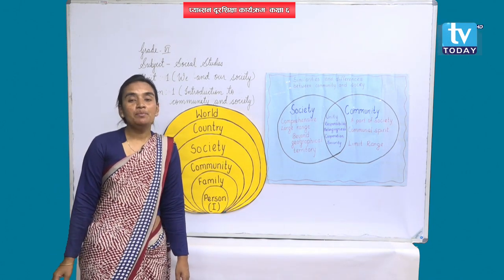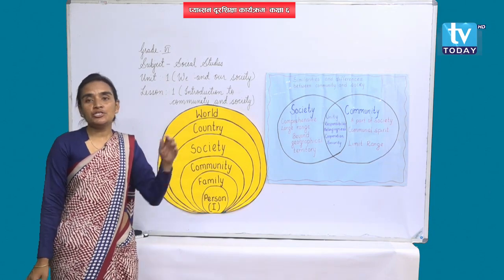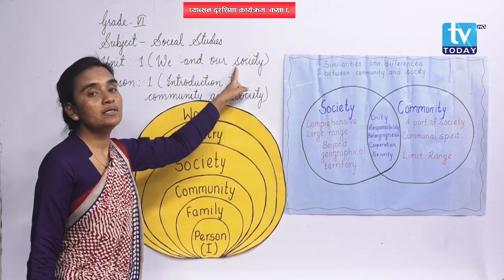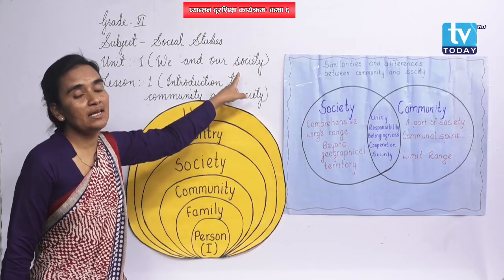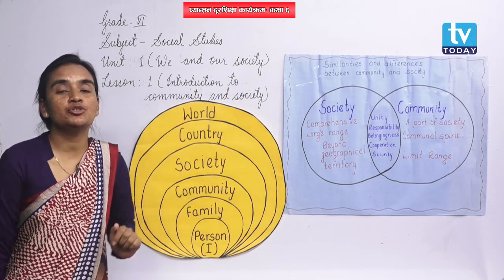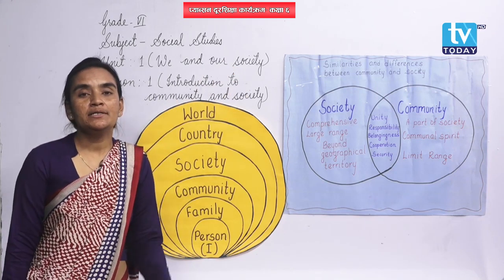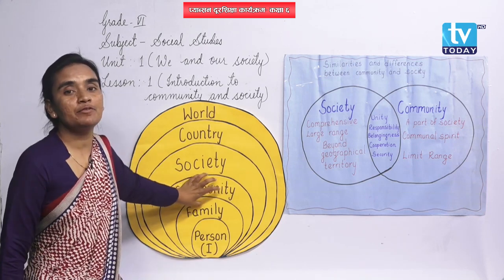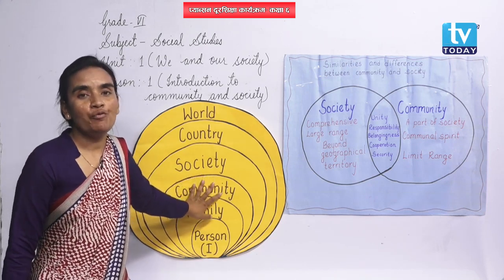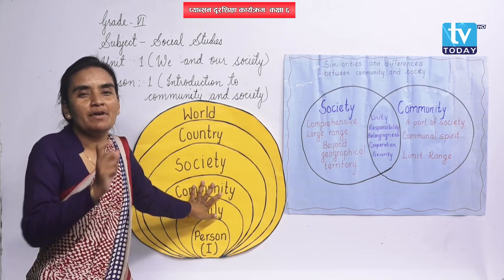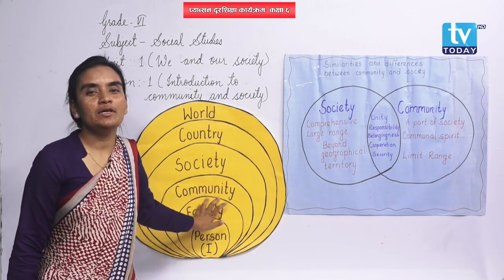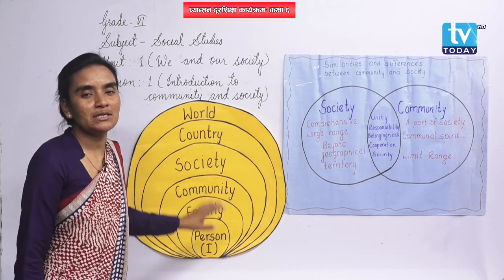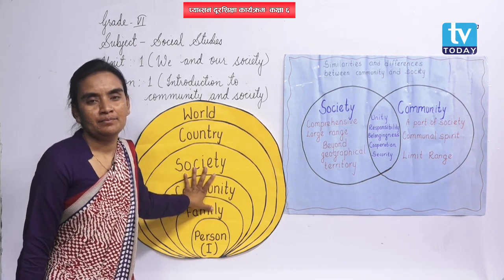Beside that, let me move on to the next one. There is another topic along with the same topic. We have another word, society. My dear children, I have already expressed the importance of community, and I have also expressed that because of groups of communities, societies are formed.